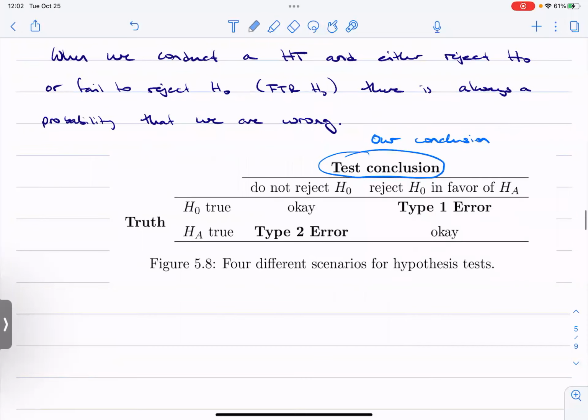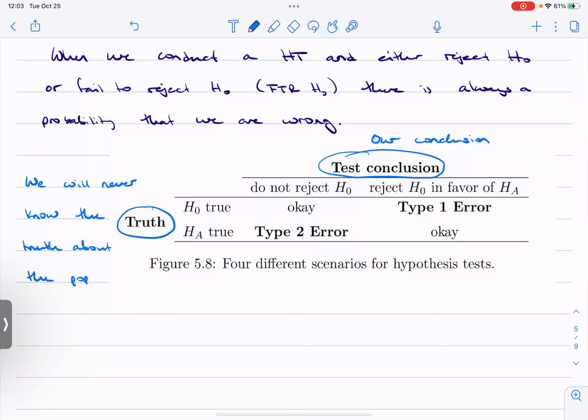Okay. And so there is some truth though, right? But we will never know the truth about the population. But H naught is either true or the alternative is true.